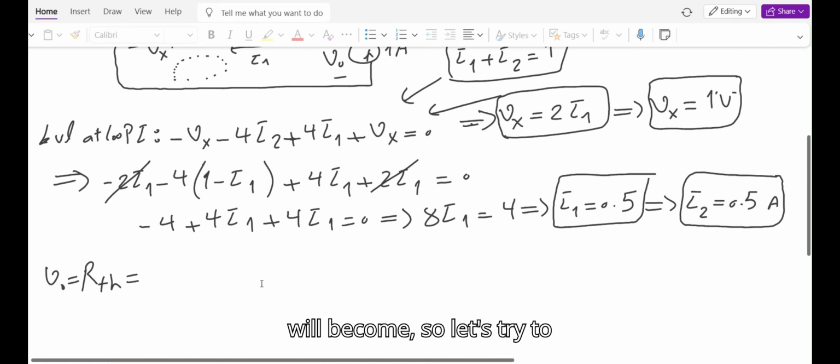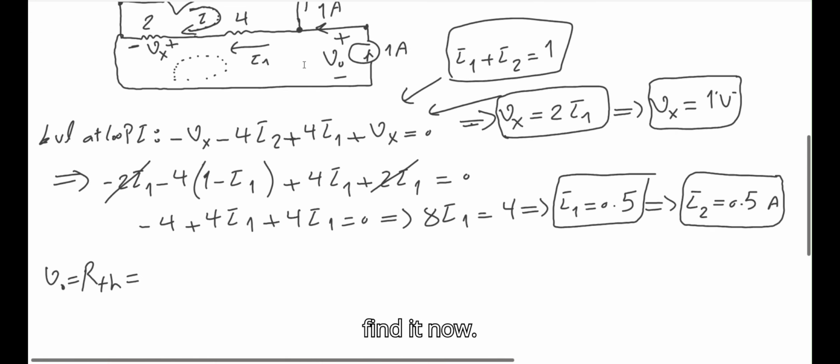That will become, so let's try to find it now. So I have 4 times I1. I1 is half. 4 times half is 2 plus Vx. Vx is 1. Okay? That becomes 3.